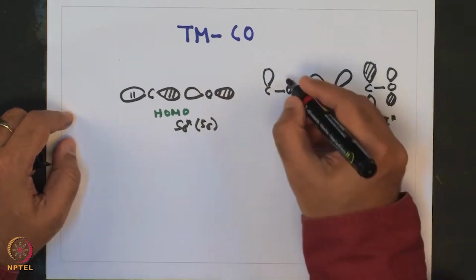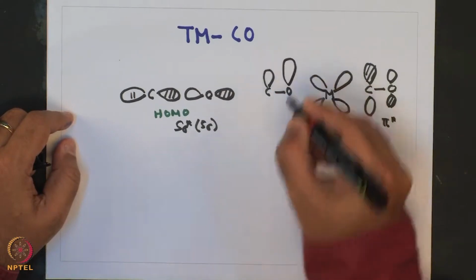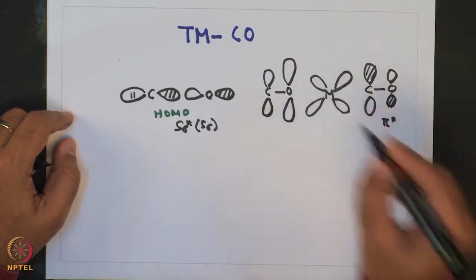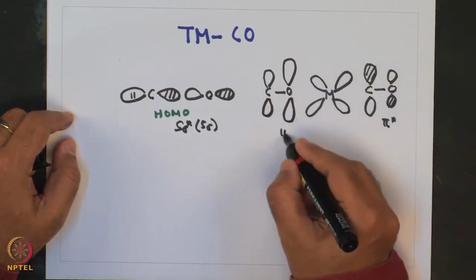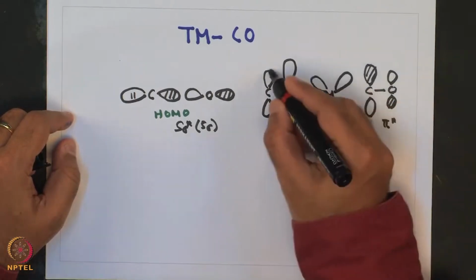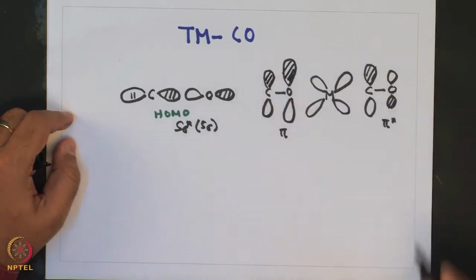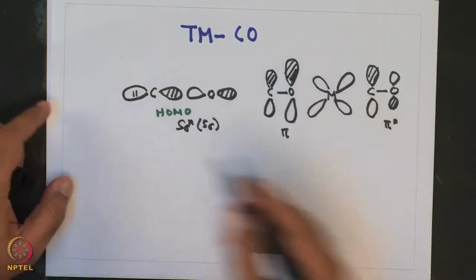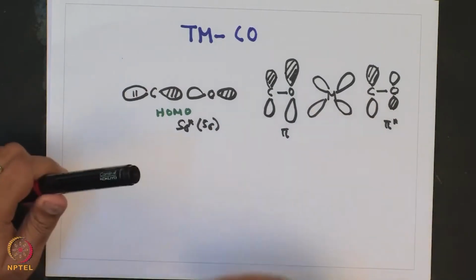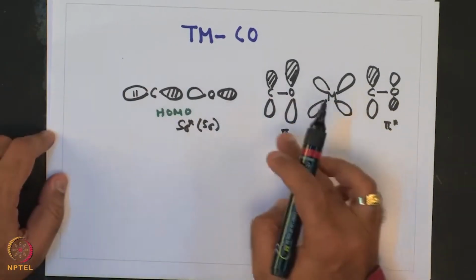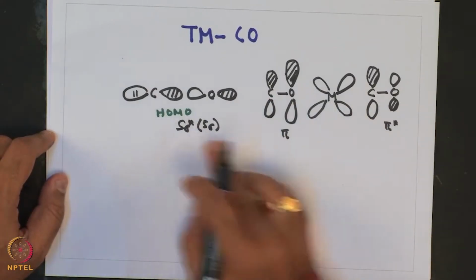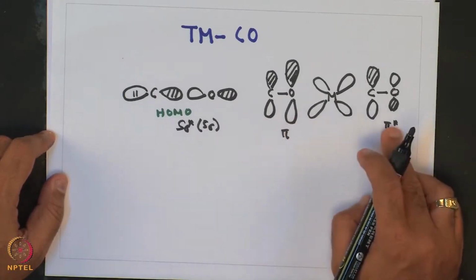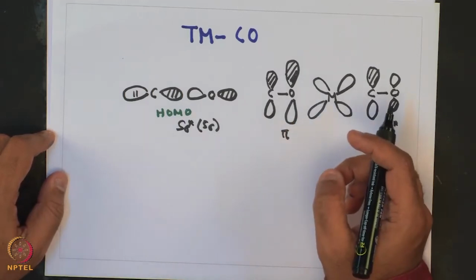So, this is a pi star orbital, and similarly there can be a CO pi orbital corresponding to that. What we are focusing on in this lecture is how these orbitals, the sigma orbital and the CO pi and CO pi star orbitals, interact with the metal orbitals.